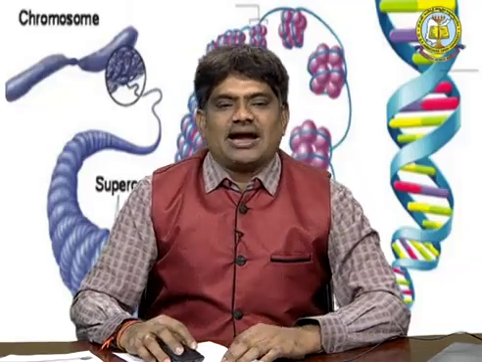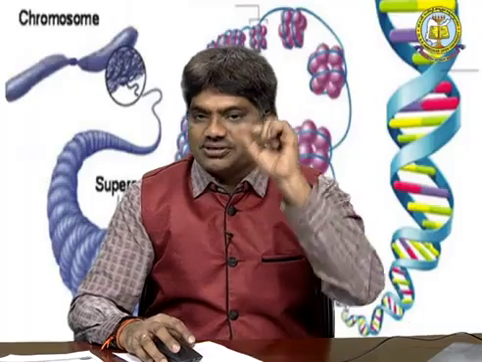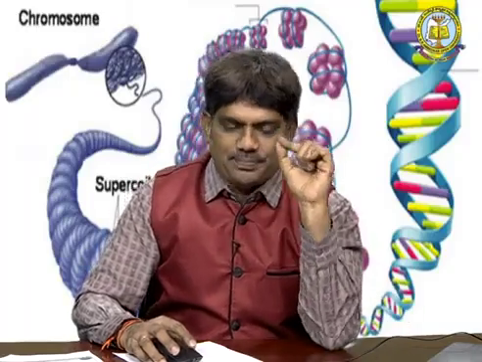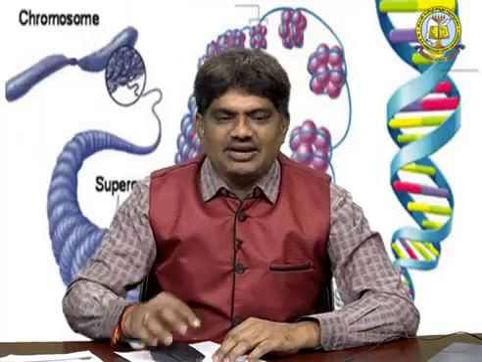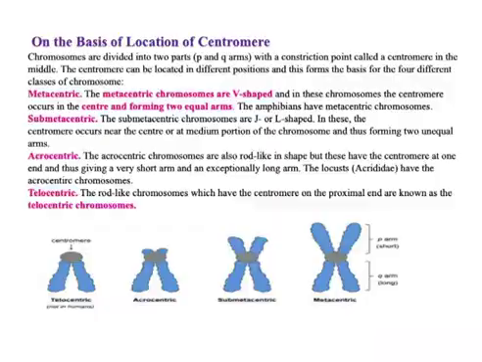Then if the centromere is just below the tip, like a J-like structure if we write it as an English letter, that we call acrocentric.